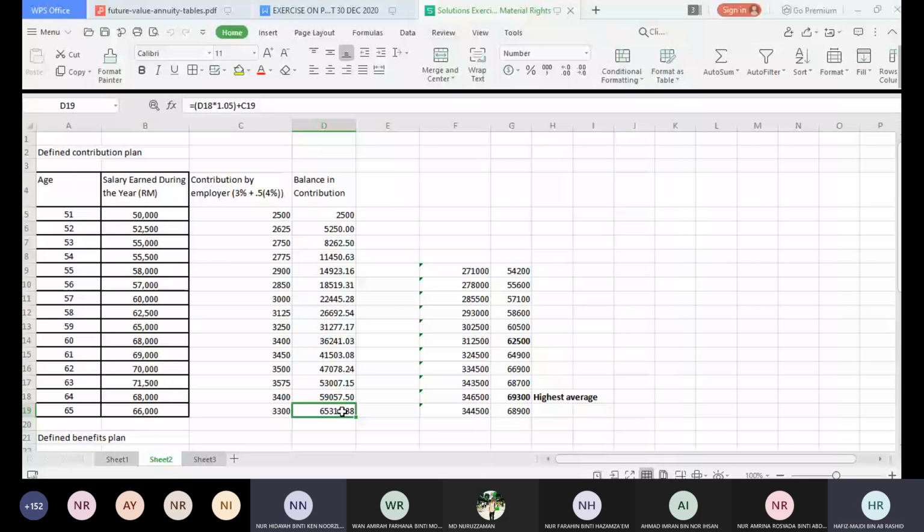Oh, the match percentage is, if the employer will only match the first 4%. That means if the employees contribute either 4%, 5%, 6% or 7%, it will only match the first four.